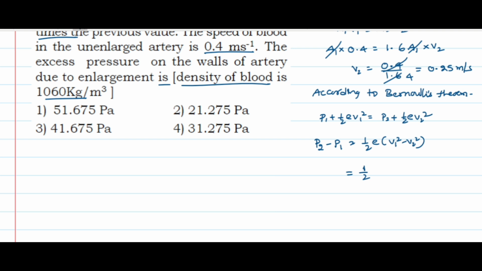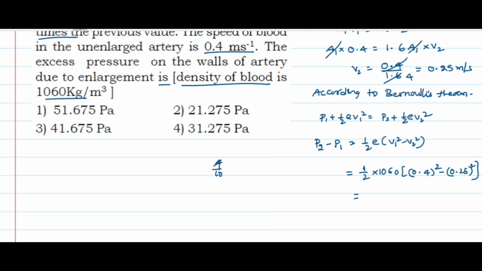That equals half into the density of the blood, which is given as 1060, into V1 square, which is 0.4 meter per second, minus 0.25 whole square. Even 0.4 you can write as 4 by 10.